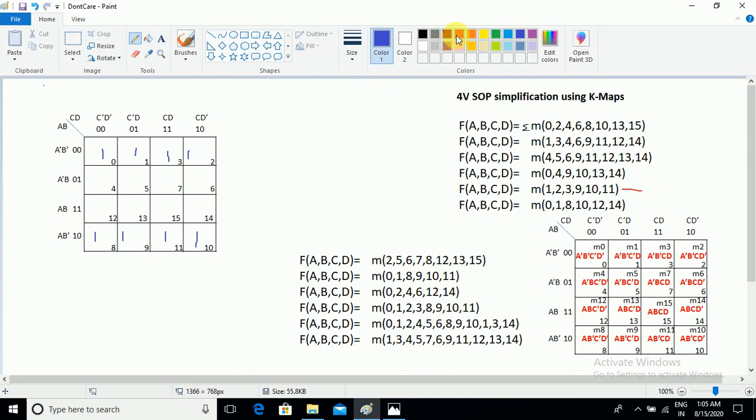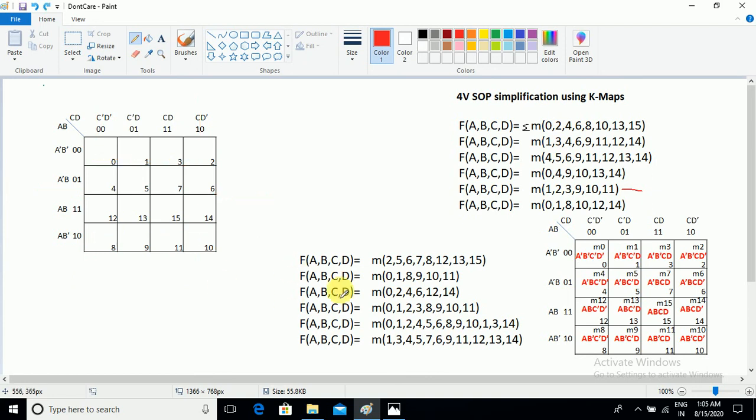Here also we can create the maximum cell grouping. If you fold this paper horizontally, what could happen? 0 1 2 3 will touch the 8 9 10 11, so obviously we can create one group of 8 cells. Now only one group is created with the 8 cells, so this is the answer for that question.